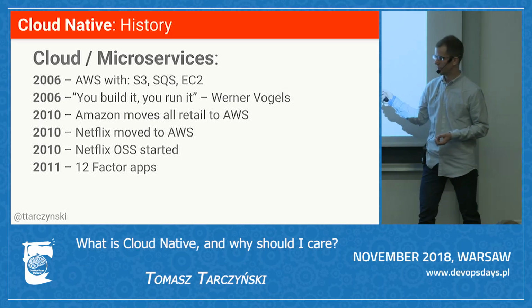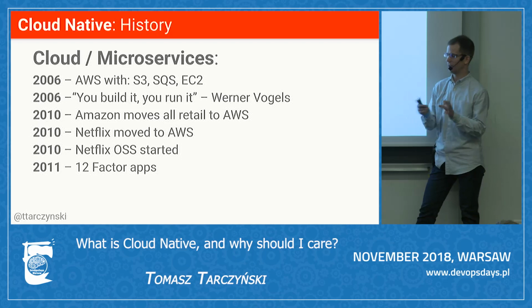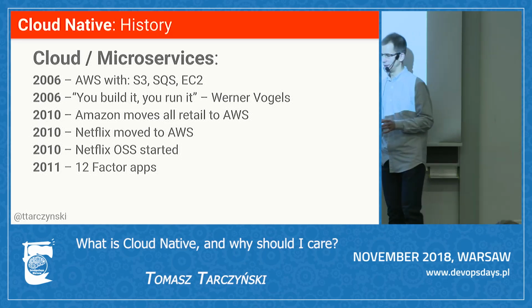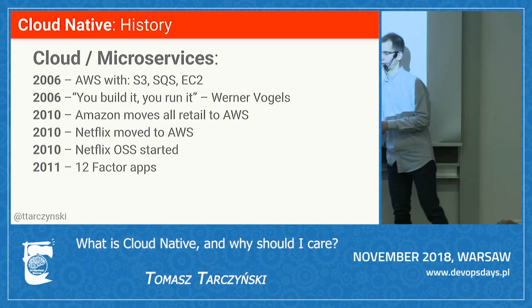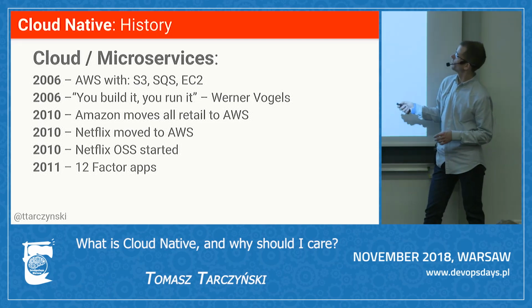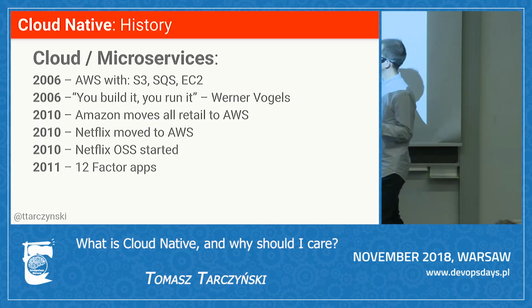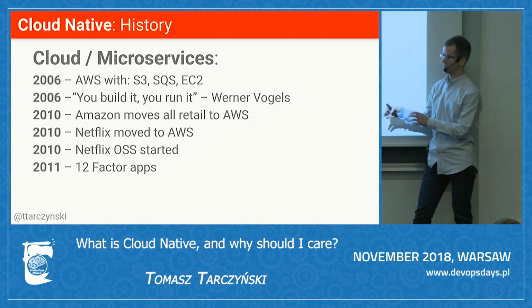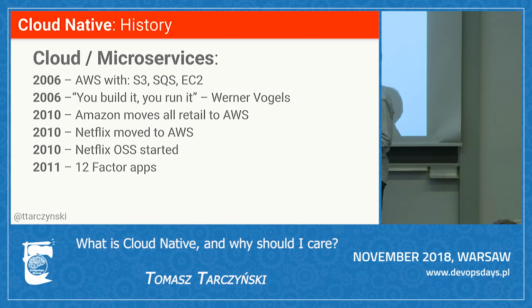In the same year, Amazon's CTO, Werner Vogels, talked about how they organize microservices internally, how they have self-service teams, and there was this famous quotation from him: you built it, you run it. It means a single team owns a service and has all the capabilities to run it.